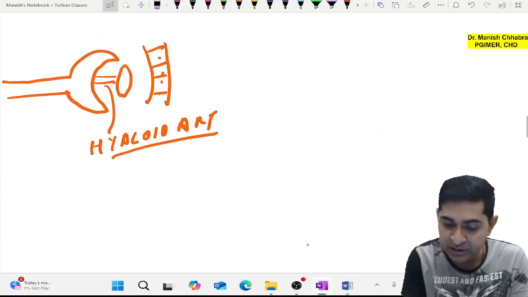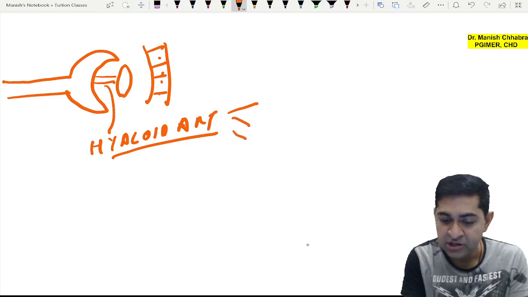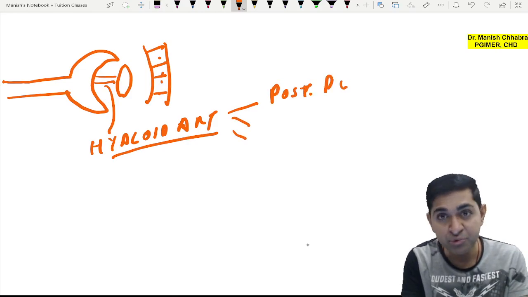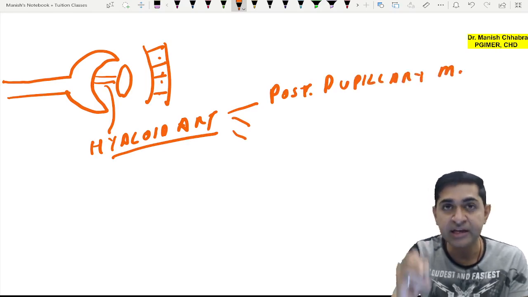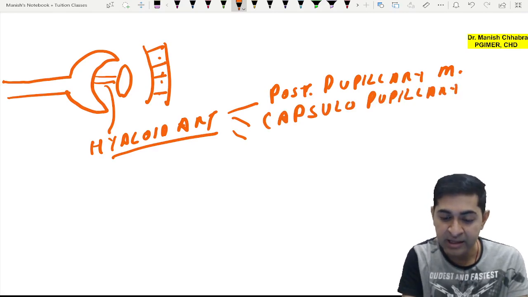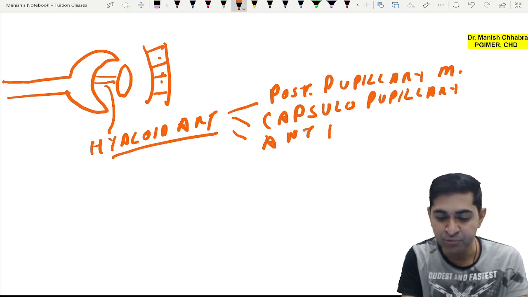So hyaloid artery has got three parts. One is posterior pupillary membrane, as we see in the image. Then there was capsulopupillary portion, then anterior pupillary membrane.